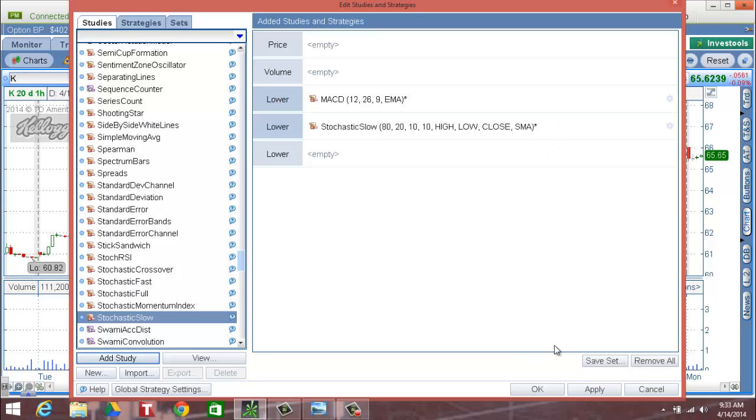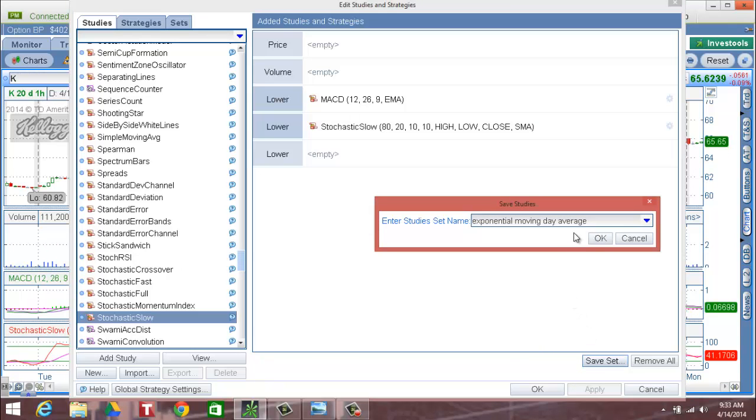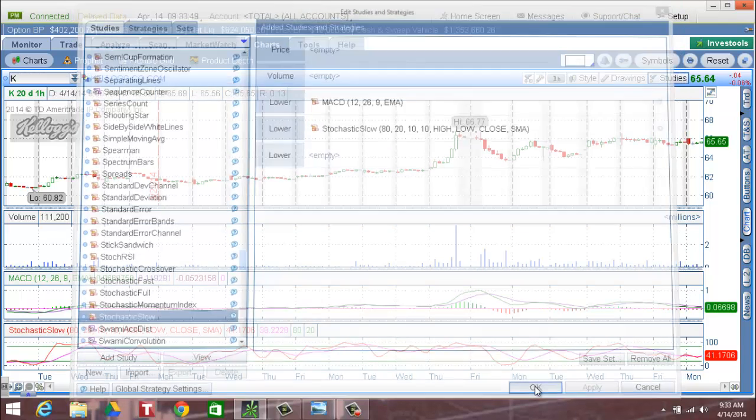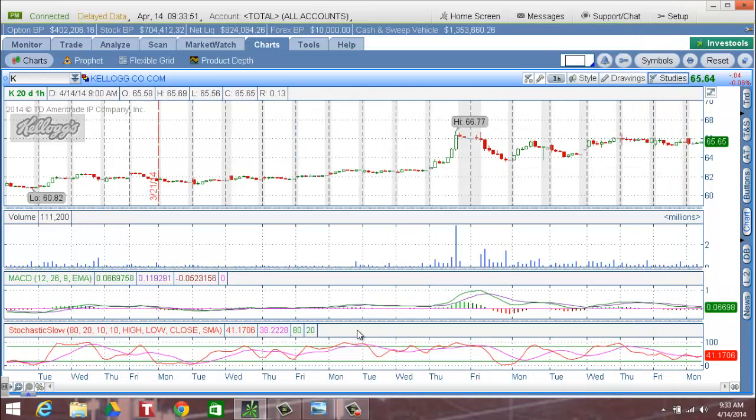You can go ahead and save it if you like, and we can call this one the MACD, and we'll say the stochastics, slow. All right, we click OK, and we click OK again, and now on our chart you can see that we have the MACD and we have the stochastic.